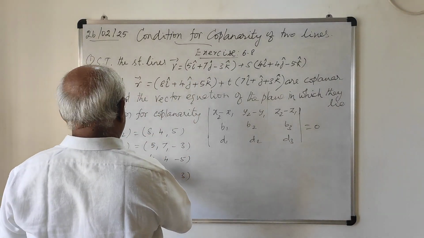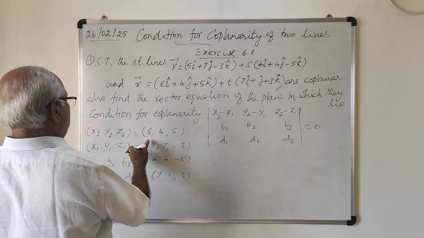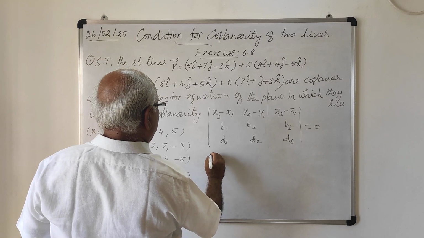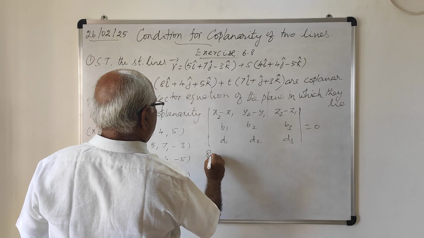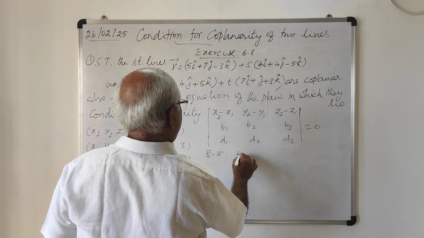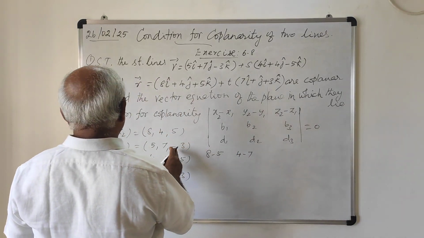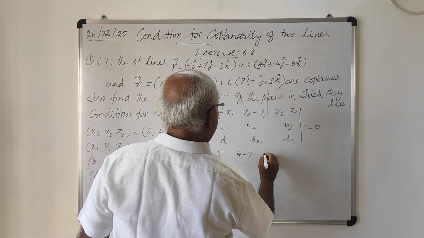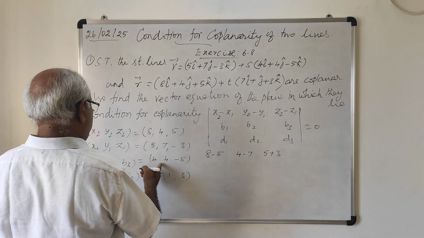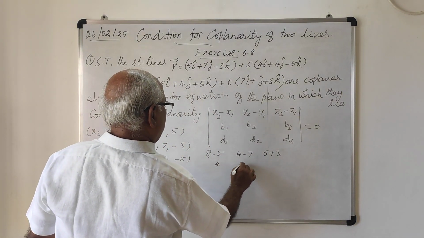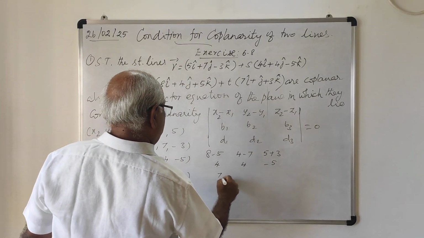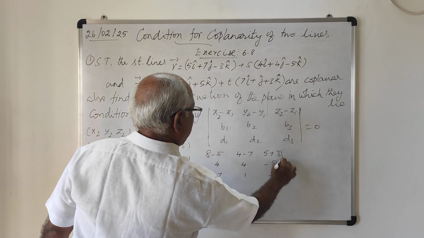For that, the determinant has rows (x2 minus x1, y2 minus y1, z2 minus z1) = (8 minus 5, 4 minus 7, 5 plus 3), then (b1, b2, b3) = (4, 4, minus 5), and (d1, d2, d3) = (7, 1, 3).